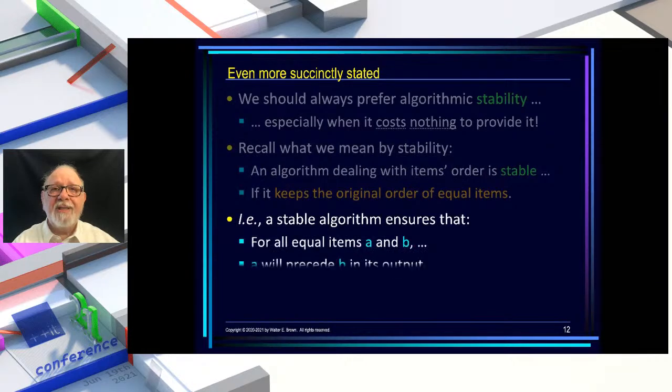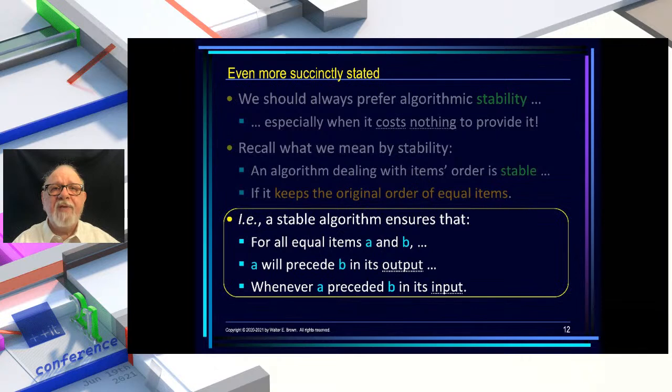In other words, a stable algorithm ensures that for all pairs of equal items, A and B, A will precede B in the output whenever A preceded B in the input. If an algorithm can guarantee that property, we describe that algorithm as stable.